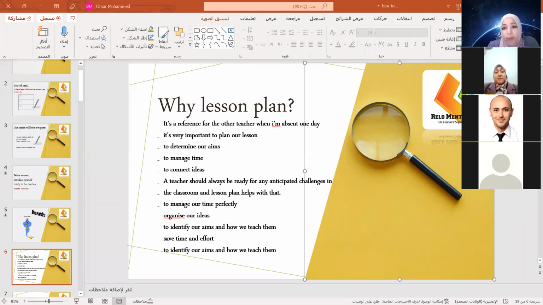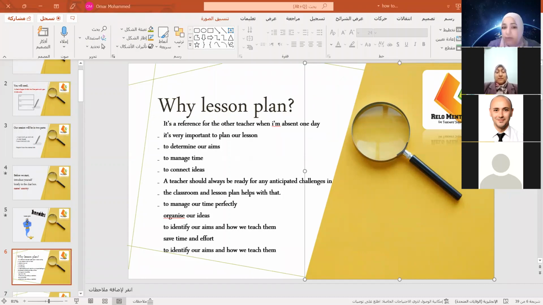Planning is very important for anything you are doing, to determine our aims. This is a very good point, because the aims, the objectives, are the main element of the lesson plan. The most important element is the objective.